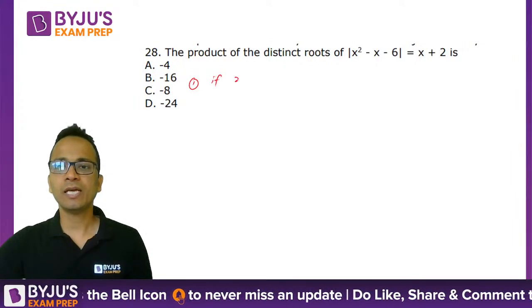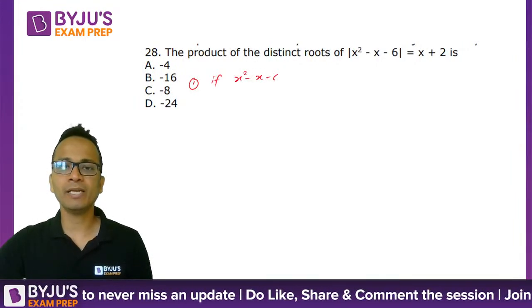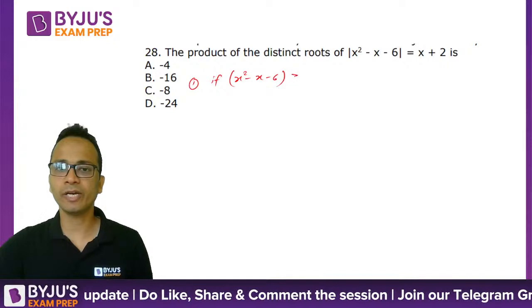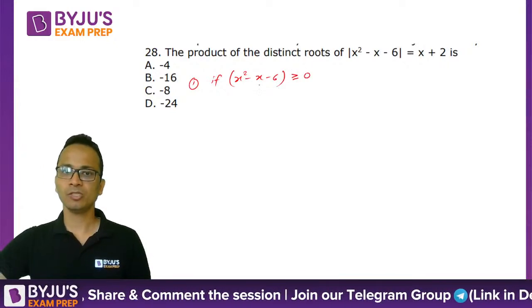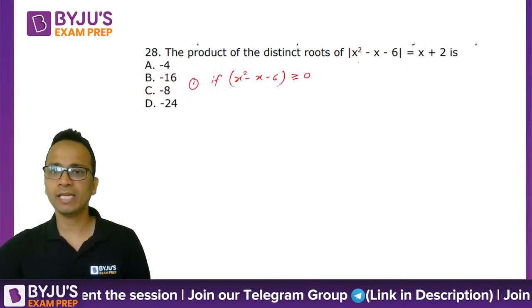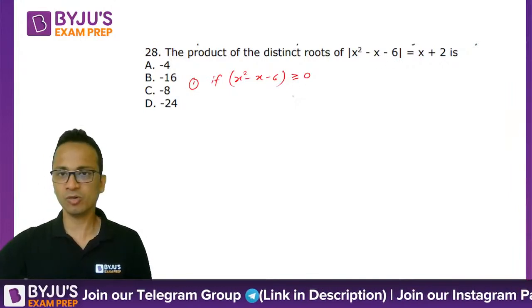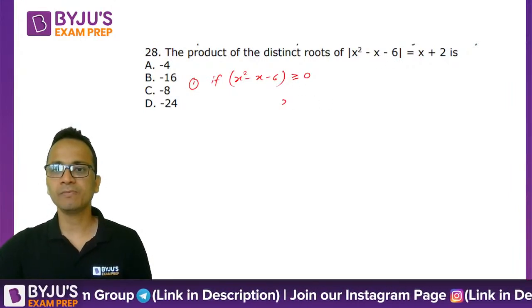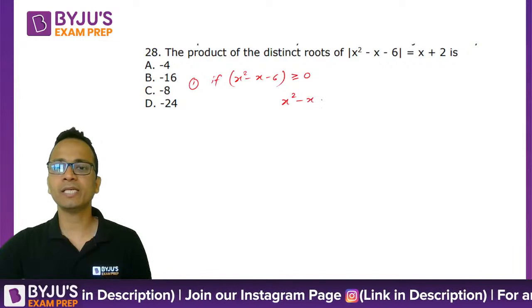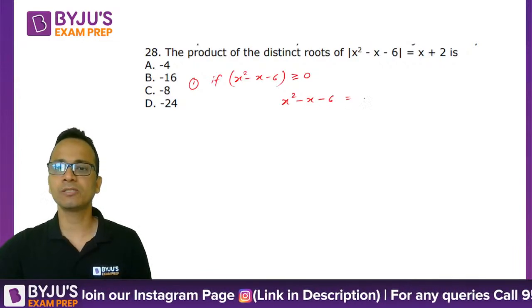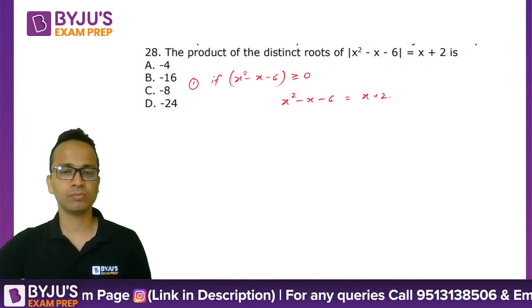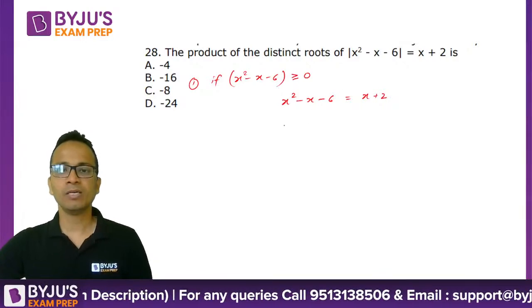if x square minus x minus 6 is greater than equal to 0. So if this is greater than equal to 0, then I will have a positive sign. Okay. So the equation will be x square minus x minus 6 equals x plus 2. This will be the equation.